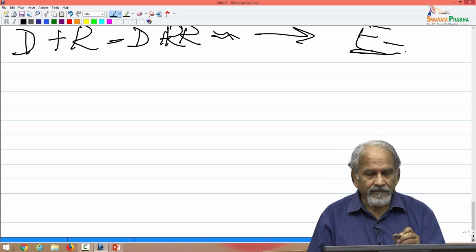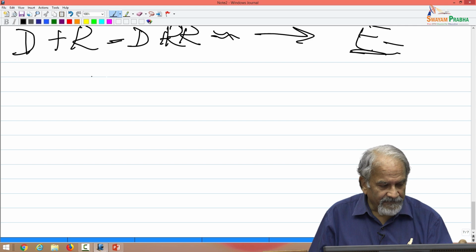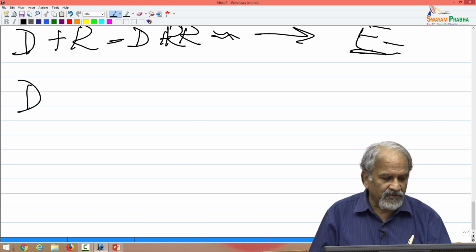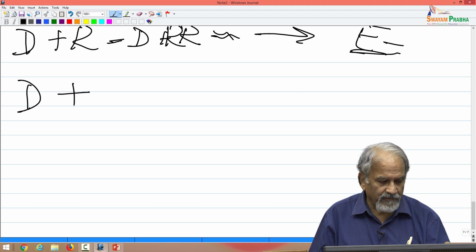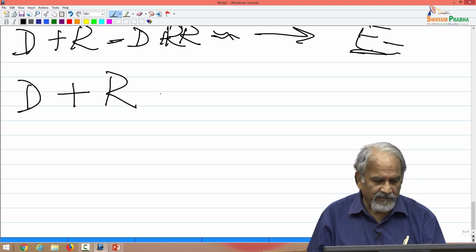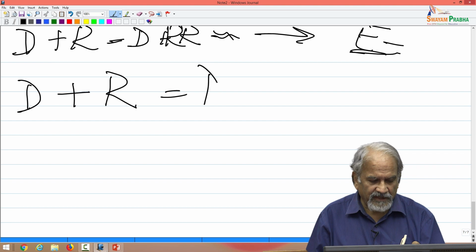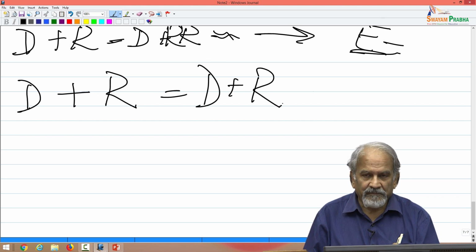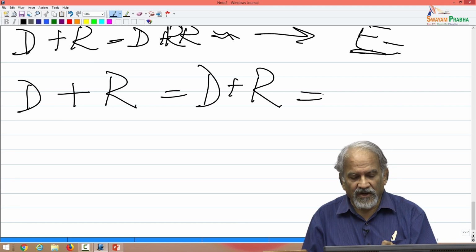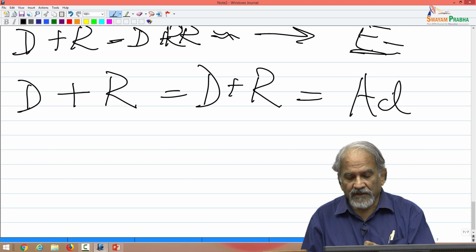Now, if I say a drug binds to a receptor and makes a drug receptor complex, but it does not produce any action, it does not produce any effect.